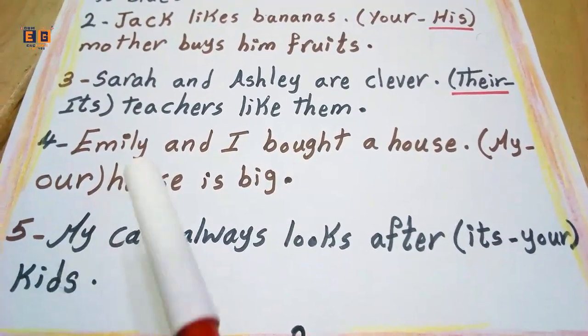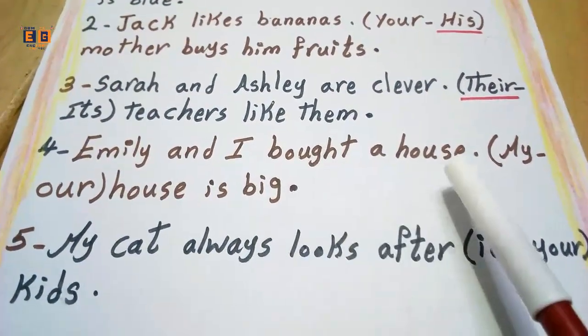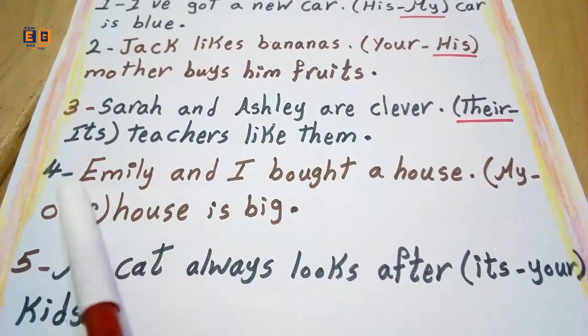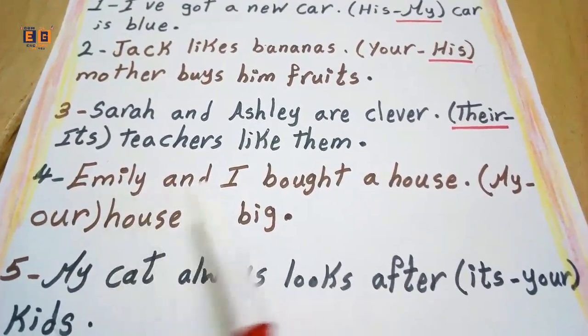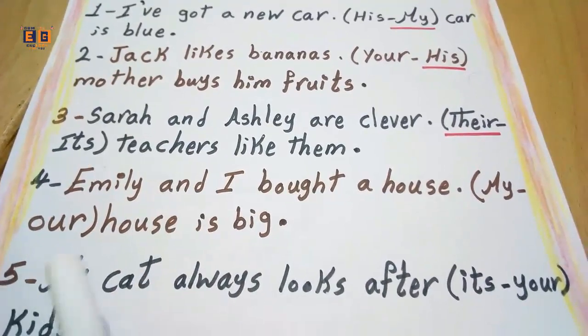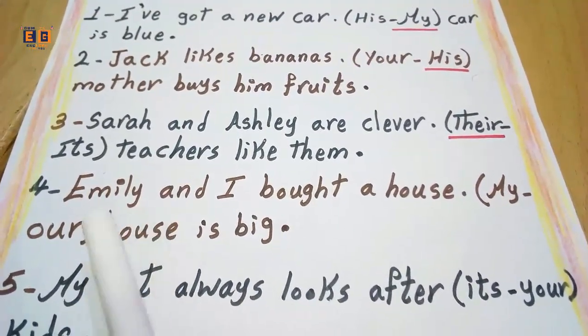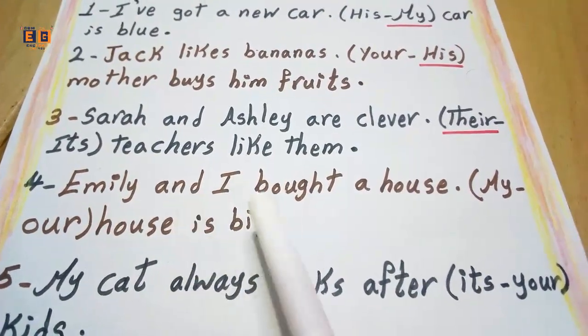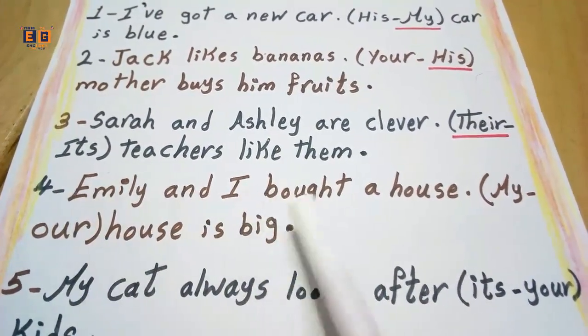Number 4. Emily and I bought a house. My or our house is big. Here's the subject as one unit, Emily and I, equal we. I can replace Emily and I with the subject pronoun we. We bought a house, or Emily and I bought a house.